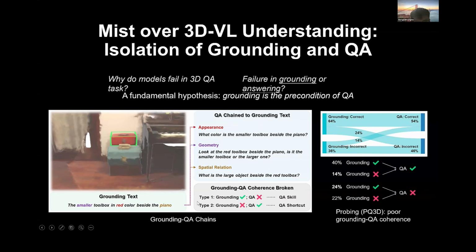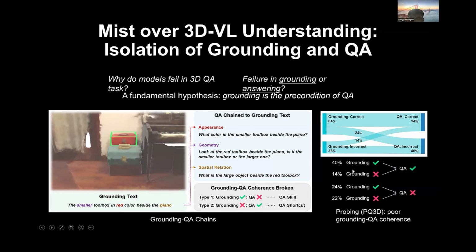The type 1 means that the model can correctly ground the object in the scene, but it cannot correctly answer the question. The type 2 coherence breakage is that the model can correctly answer the question, but it cannot correctly ground the object in the 3D scene.